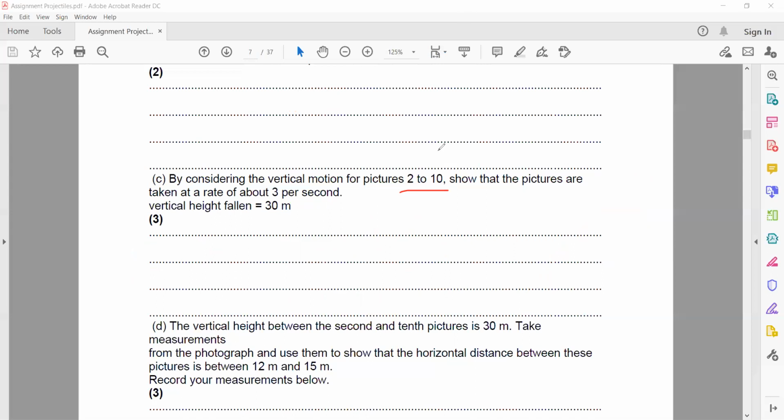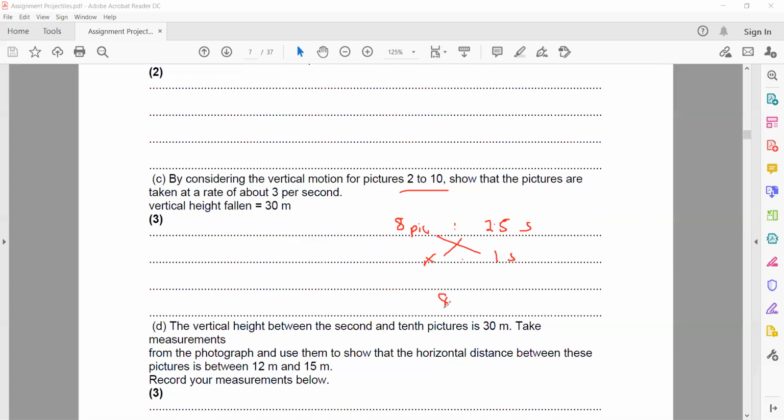So 2 is the first picture, and then 8 pictures are taken extra. So it means 8 pictures took 2.5 seconds, because that's the time it takes to fall. So we need per second: one second, x pictures.